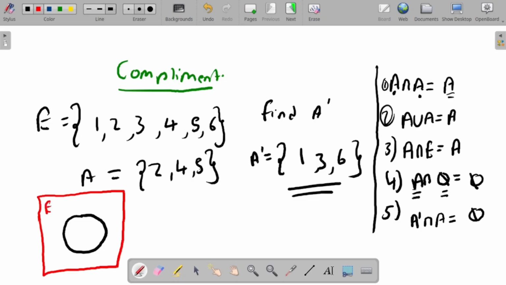So that is E and that is A. So if I say A complement, meaning I'm talking about around A, shade around A. So let's shade around A. Let's use green. We're shading around A.